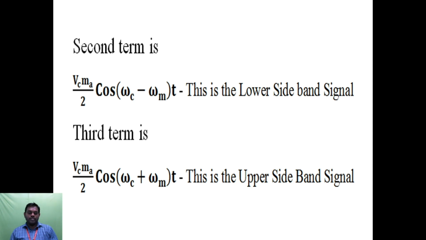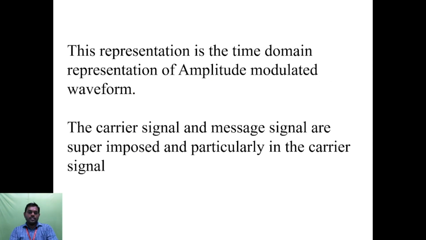The third term, Vc Ma by 2 cos(omega c plus omega m) t, is the upper sideband signal. Here omega c plus indicates the upper sideband signal and omega c minus indicates the lower sideband signal. This representation is the time domain representation of the amplitude modulated waveform. The carrier signal and message signals are superimposed, particularly in the carrier signal.